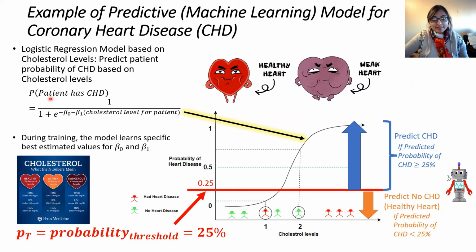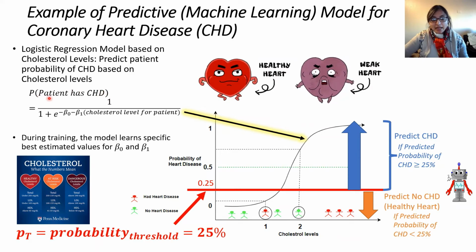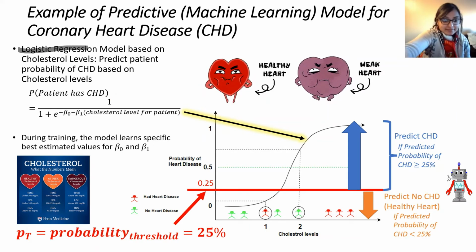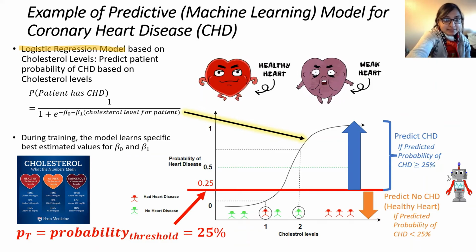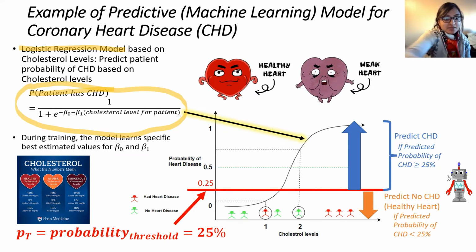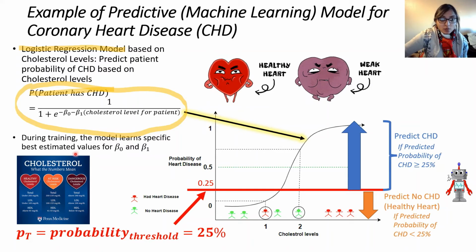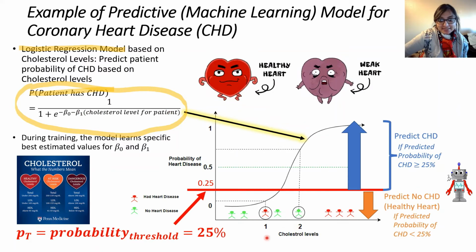Then the predicted probability that the patient has CHD is going to be equal to, based on the logistic regression model, 1 over 1 plus e to the minus beta 0 minus beta 1 times cholesterol level for the patient, which is the x-axis here, if we just have this one variable.